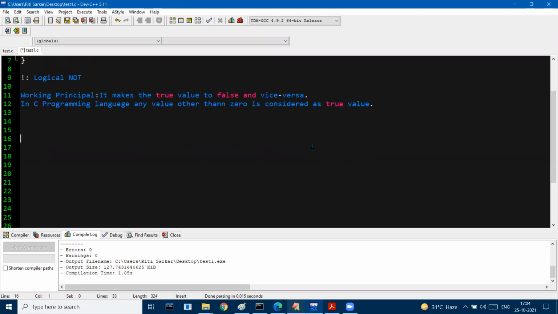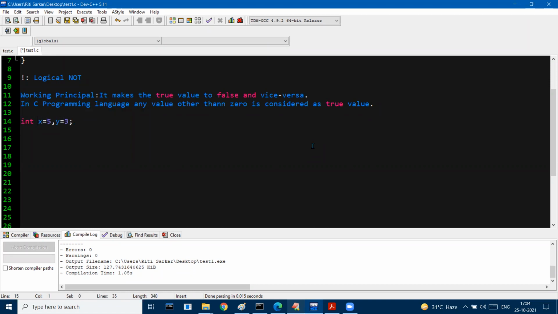Suppose whenever you are writing int x is equal to 5, to you, the programmer, it is 5. Suppose you have x is equal to 5 and y is equal to 3. To you it is x is equal to 5 and y is equal to 3.